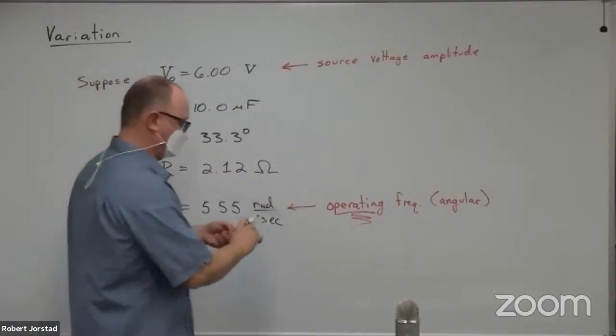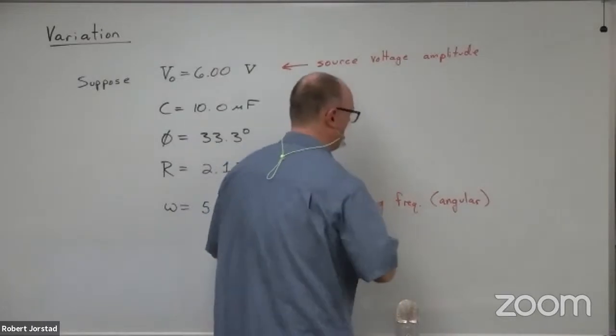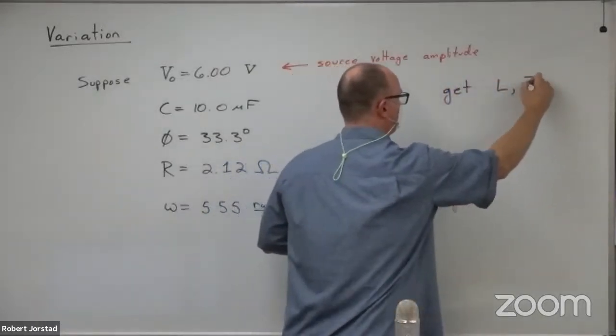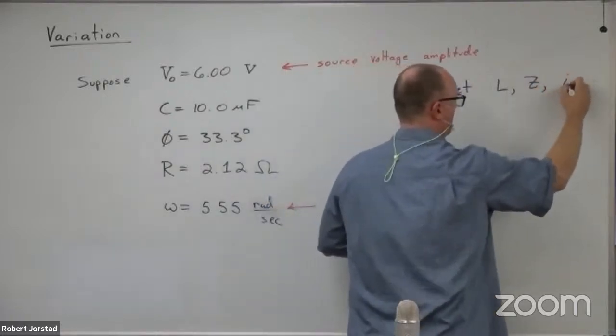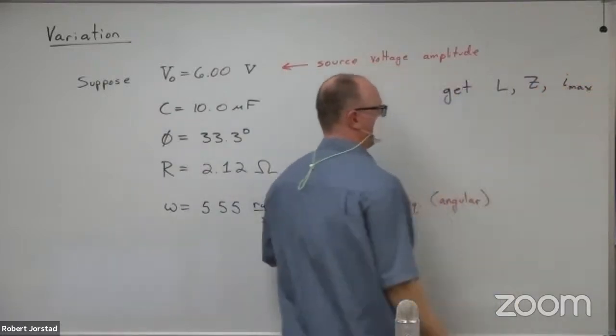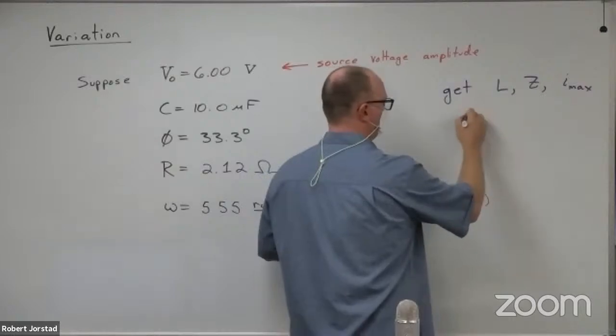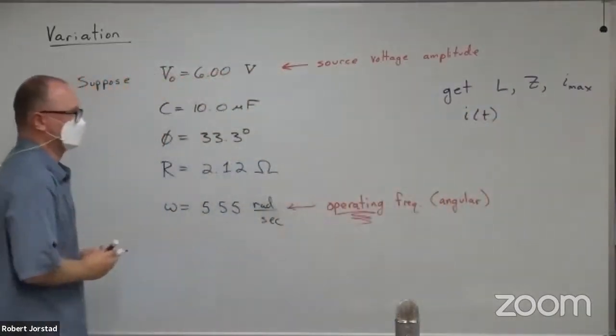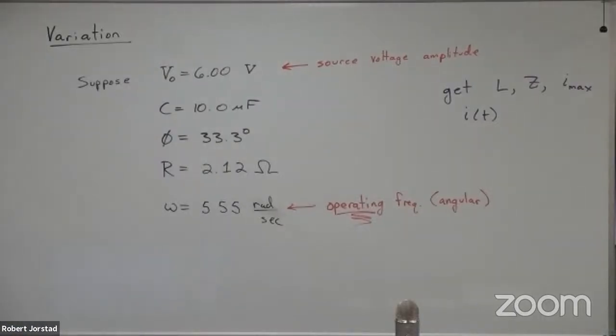Let's say I want to get L. Let's say I want these things: L, Z, I max, and I as a function of time. I bet you're appreciating the workbook right now, because normally I don't make you write all this.